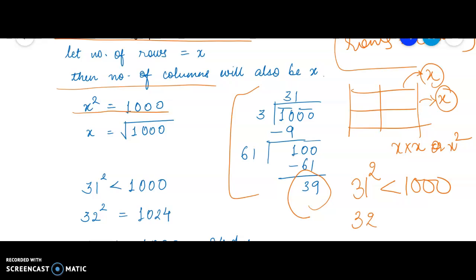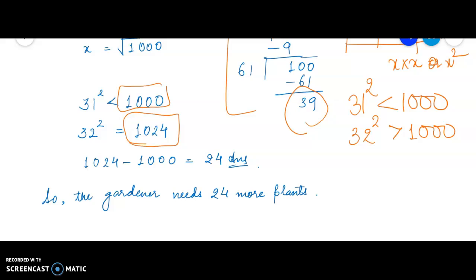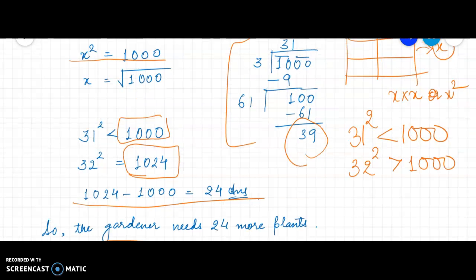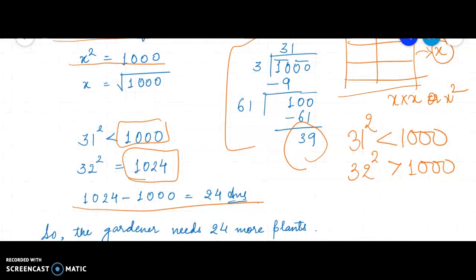That means 32 square should be greater than 1000. Now how much greater, that we need to find out. I am getting 32 square as 1024, and 31 square is smaller than 1000. Now you can see the difference. Here 24, that means the gardener needs 24 more plants to make equal number of rows and equal number of columns. Similarly, you can do question number 9 also.